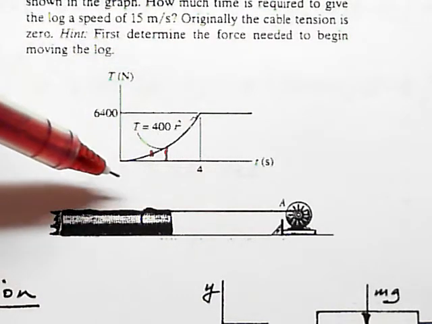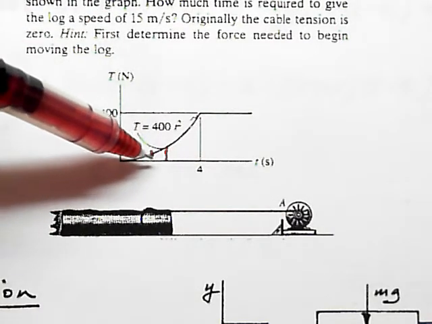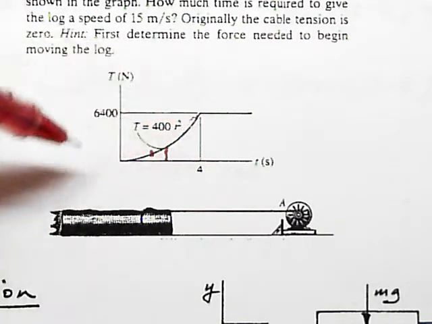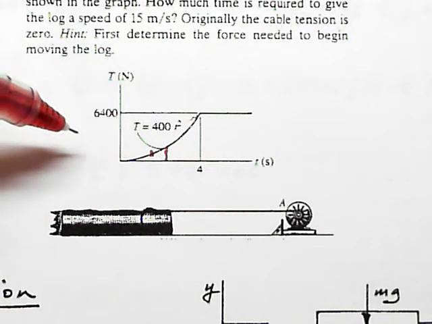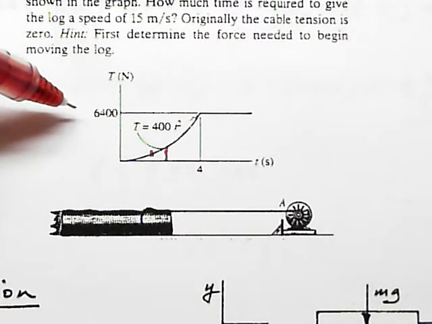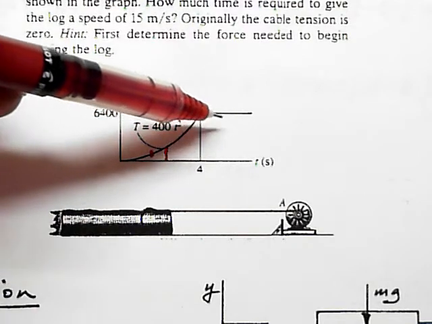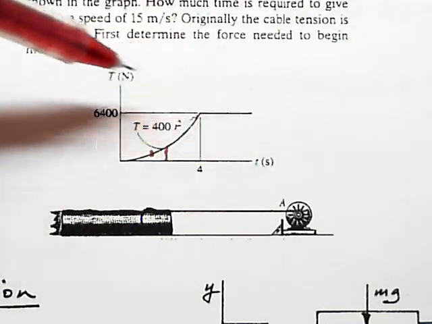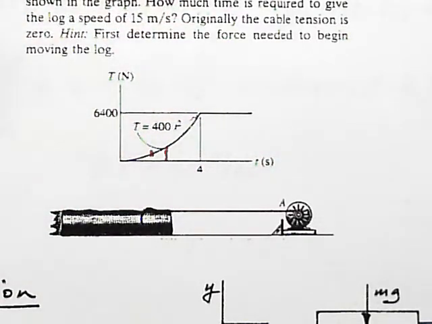This is the force versus time curve, in which the motor has to ramp up its force over a 4-second interval until it reaches 6,400, is that pounds? No, that's 6,400 Newton maximum force. And then after the 4 seconds, the motor is able to put out a constant 6,400 Newton force for presumably an unlimited amount of time, or they'll tell us how to limit it.